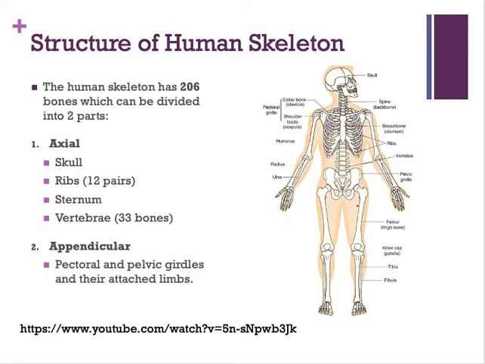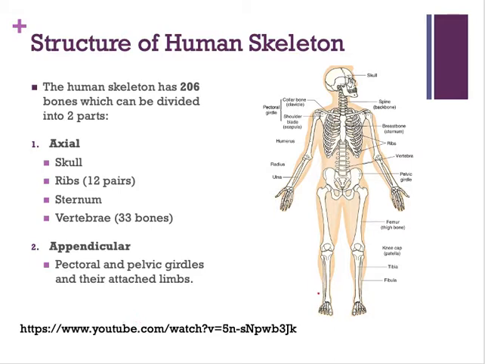And then the pelvic girdle, which is down here around your hips, and the attached limbs. And by limbs, we mean the legs that are attached to your pelvic and the arms that are attached to your pectoral. There's a nice little YouTube video which goes into slightly more detail on that.